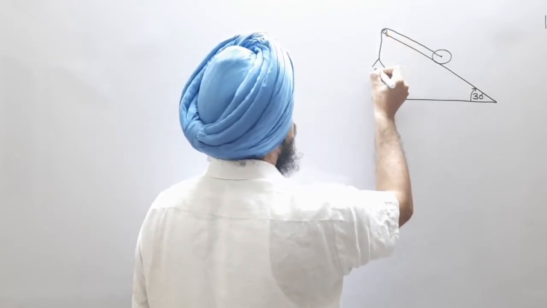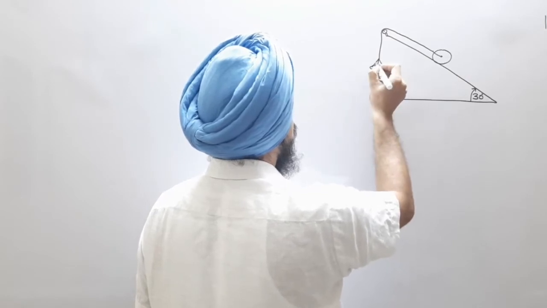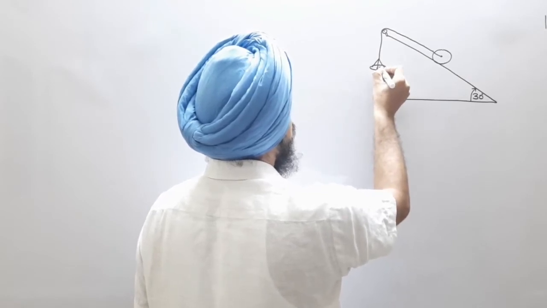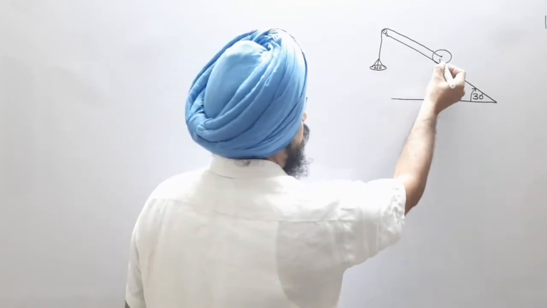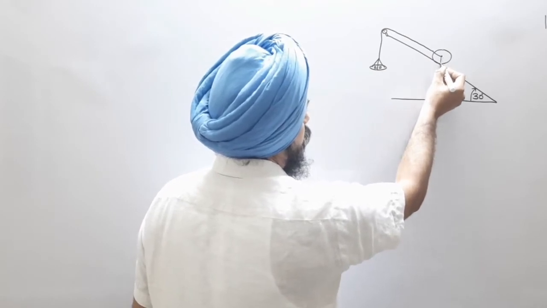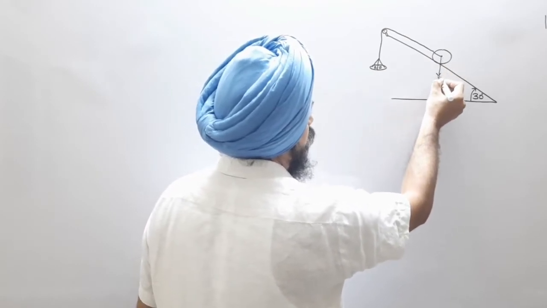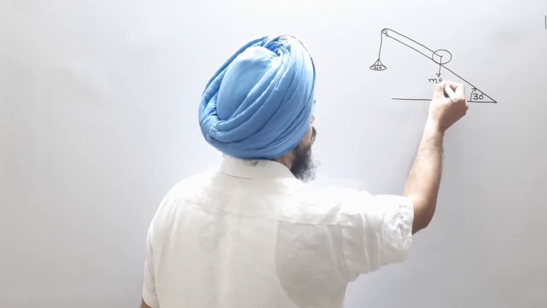Here was our pan in which the weights are placed. So let us make the weight downwards. Let this one be M1G.